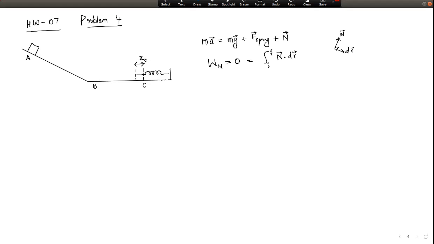Once the work done by the normal force is 0, the work done by gravity and the force due to the spring is accommodated as potential energy. So we know that the kinetic energy plus potential energy due to gravity plus the potential energy due to the spring is conserved. So we say kinetic energy at point A plus the potential energy at point A plus potential energy in the spring at point A remains the same, which is explicitly written in this form.